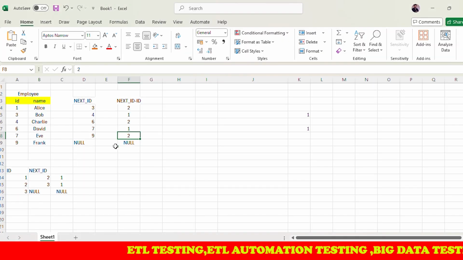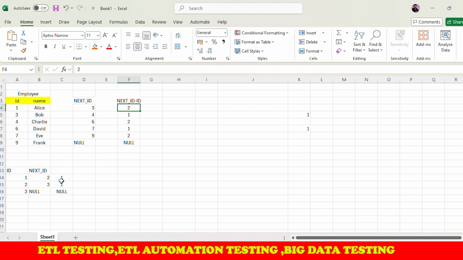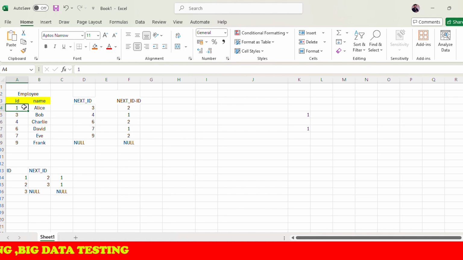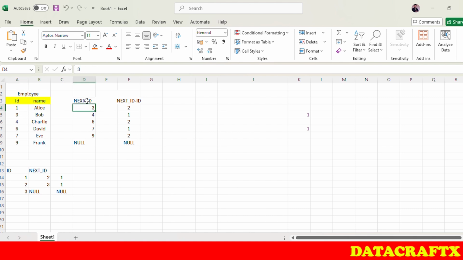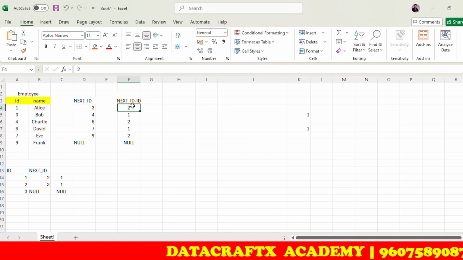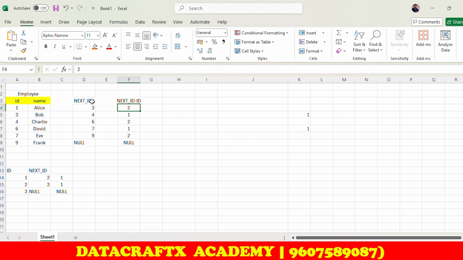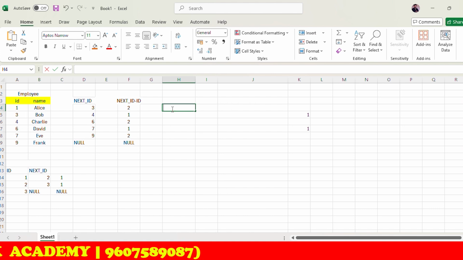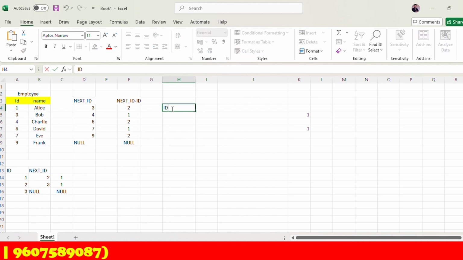As we observe, whenever we are doing the difference, next ID minus ID, we are getting 2 as output, which is greater than 1. But the missing ID will be ID plus 1, which is equal to 2.